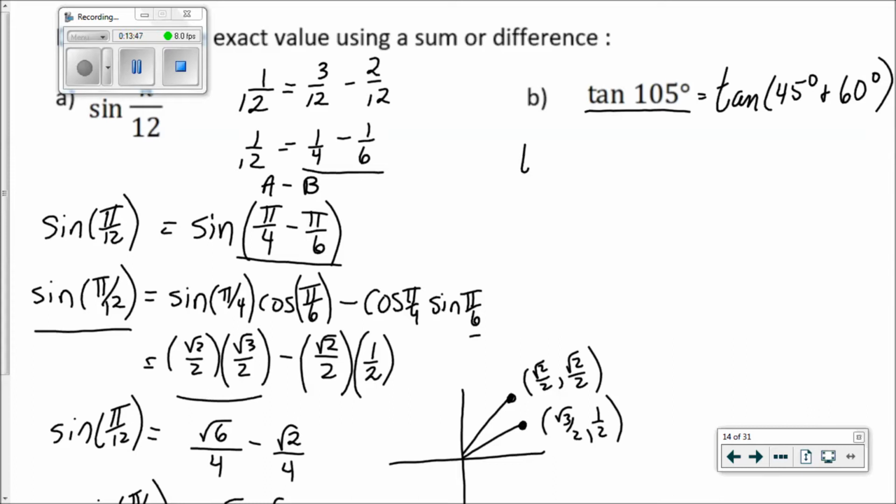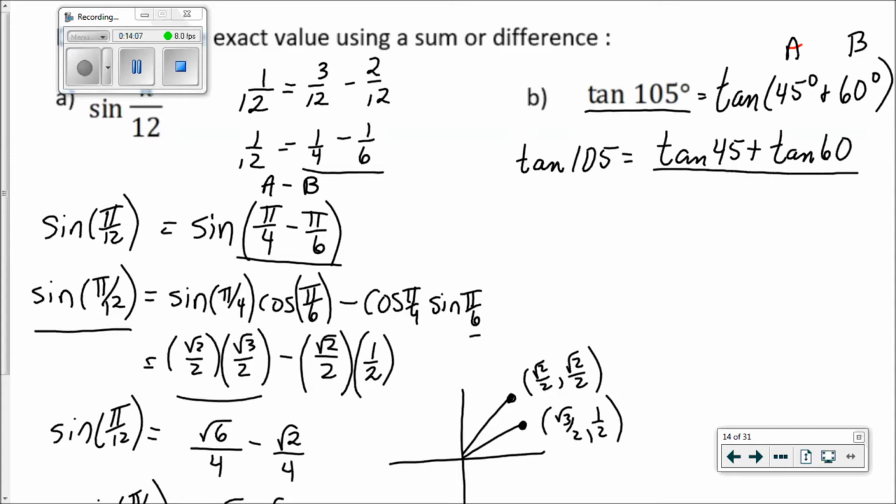So that is that the tan of 105 is going to be equal to, remember this, 45 is A in my case, and 60 is B. So I'm going to have the tan of 45 plus the tan of 60 over 1 minus tan 45 tan 60.